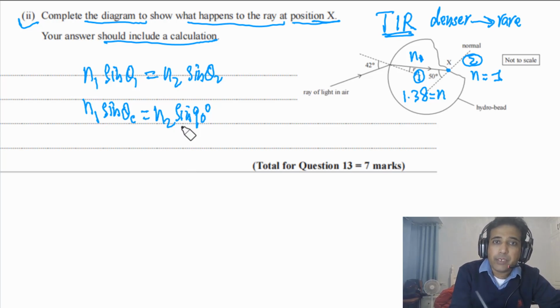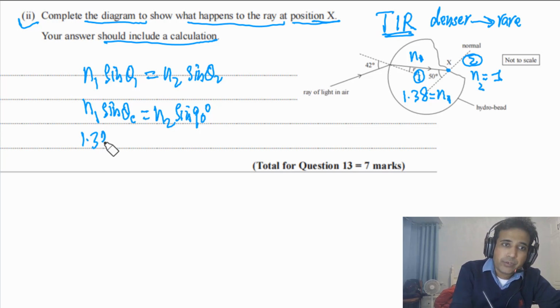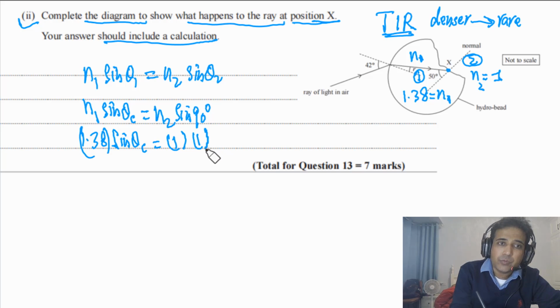Now what is n1? This is n1, this is n2. So n1 is 1.38. We have sine theta c, n2 is equal to 1, and sine of 90 is also 1. So from here we can say sine theta c equals 1 over 1.38.